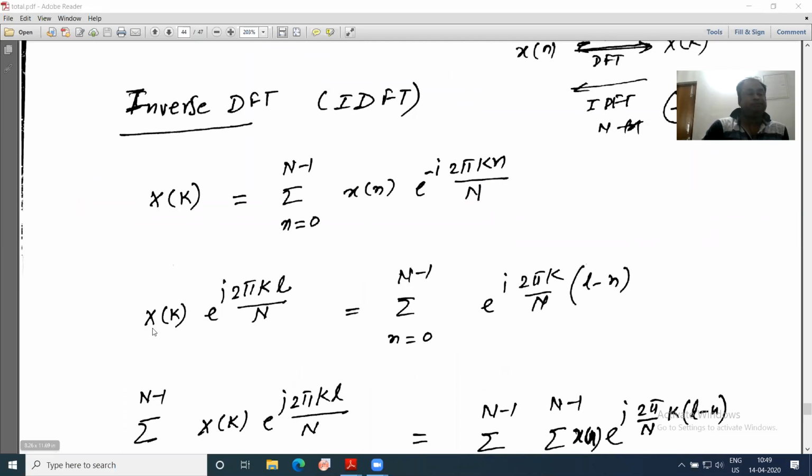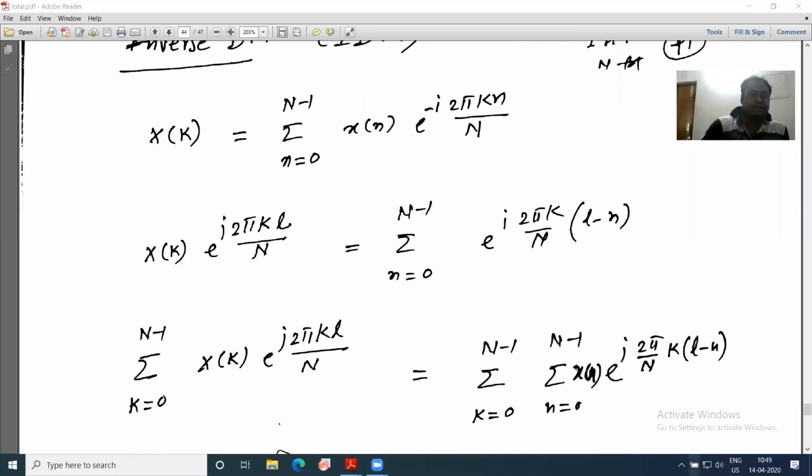This is X of k multiplied by e power j 2 pi kl by N. On this side, summation n equal to 0 to N minus 1, x of n e power j 2 pi k(l minus n) by N. Now I am taking the summation k equal to 0 to N minus 1 on both sides.